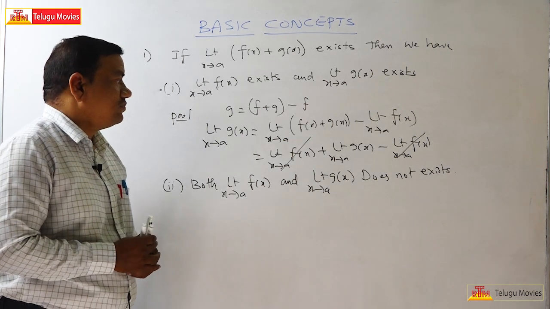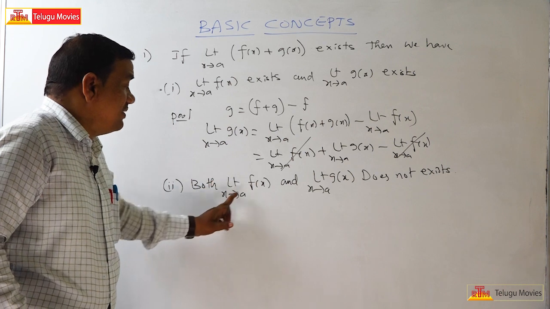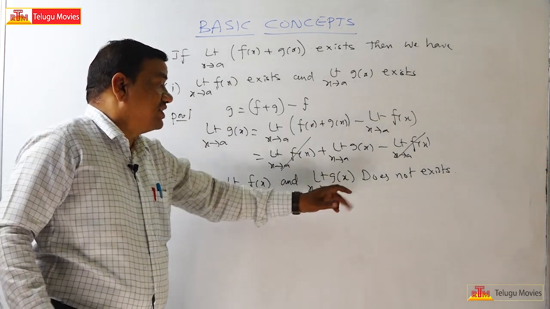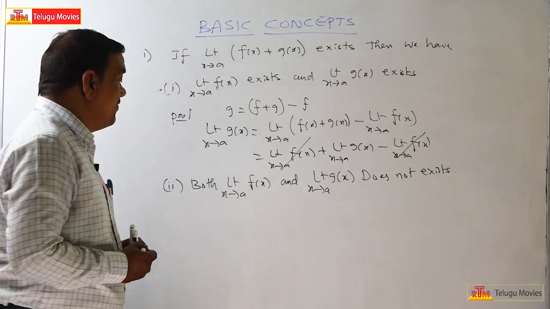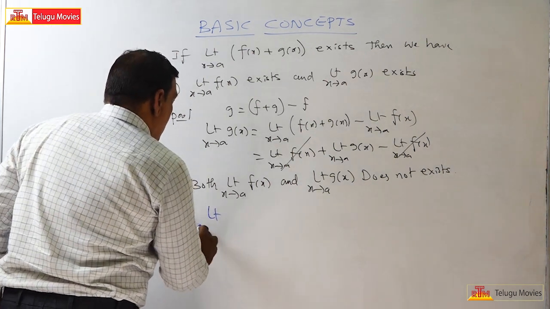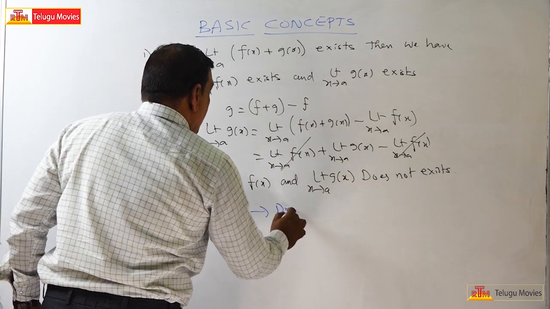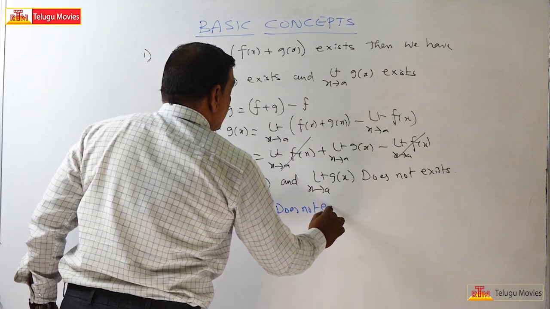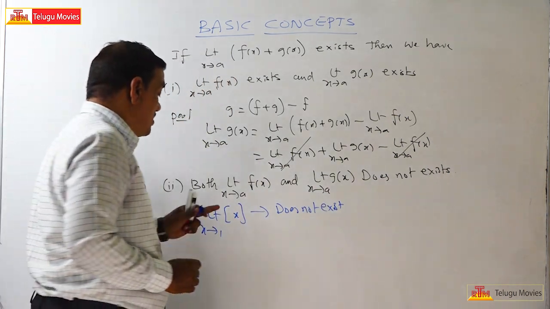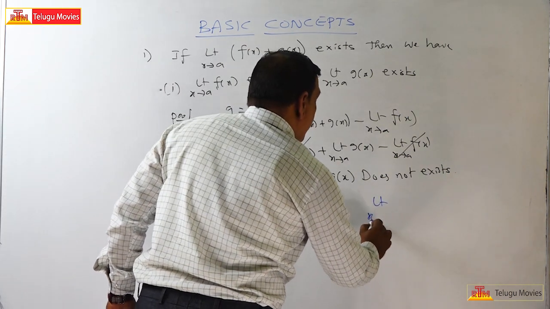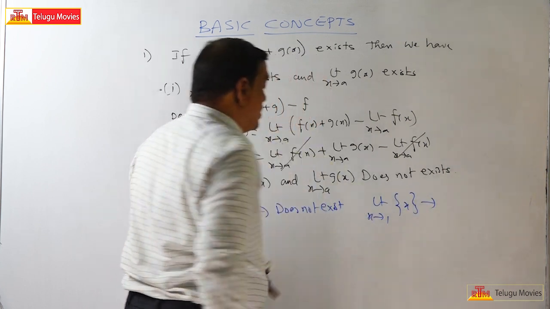Right. Now coming to the second one, where both limit of f(x) and limit of g(x) do not exist. For this, we can take a very good example. See here, limit x tends to 1 of step of x, the greatest integer function, does not exist. Like that, limit x tends to 1 of the fractional part function also does not exist.